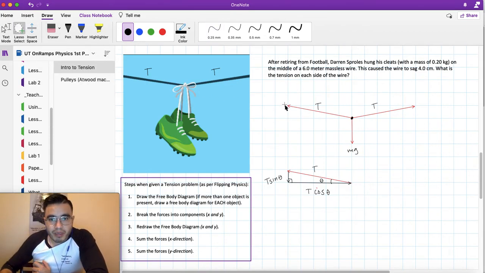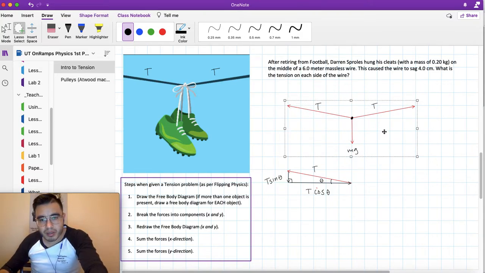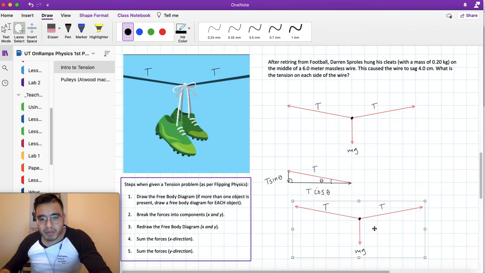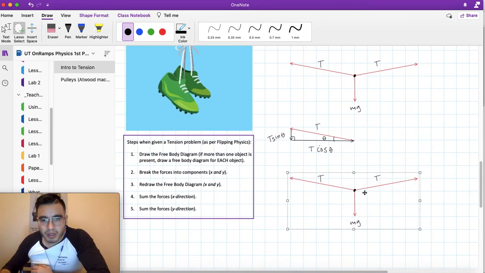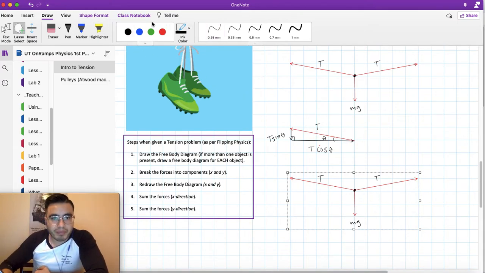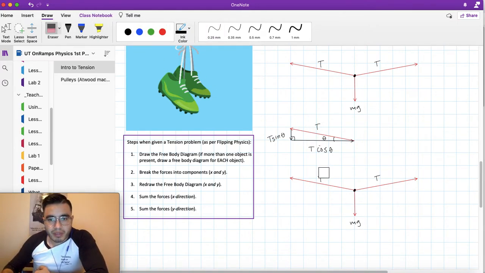So I'm going to take this free body diagram to have as a reference. And now we're going to worry about lengths. So let's erase this over here. Let's have it like that.